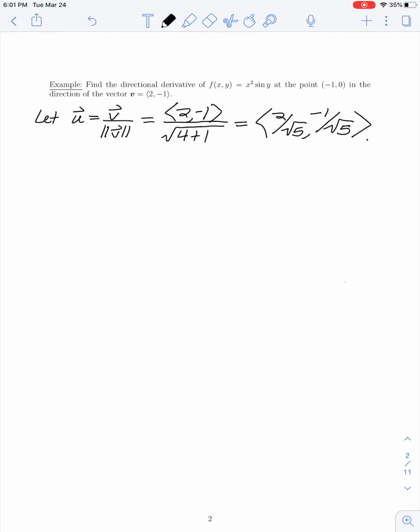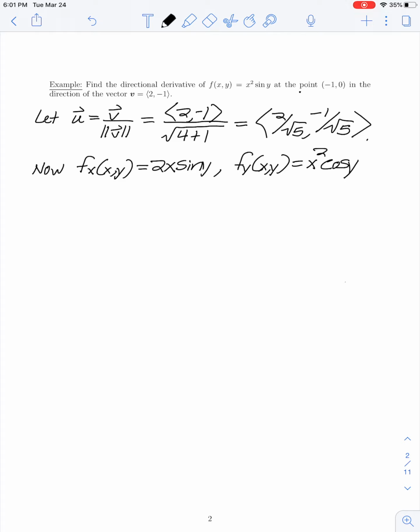So typically we want to start by finding a unit vector that will specify our direction. And in order to apply the theorem that we just looked at for a directional derivative, we need to find the partial derivatives of our function. So let's look at the partial derivative of f with respect to x, which is 2x sine of y, and the partial derivative of f with respect to y, which would be x squared times cosine of y.